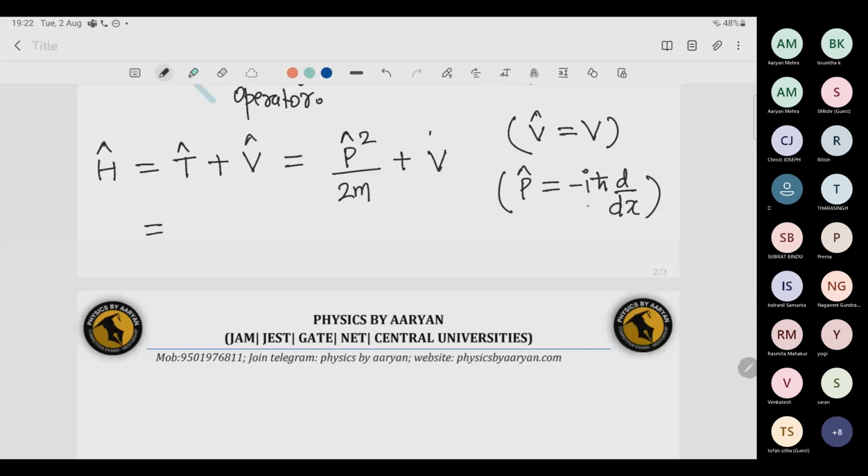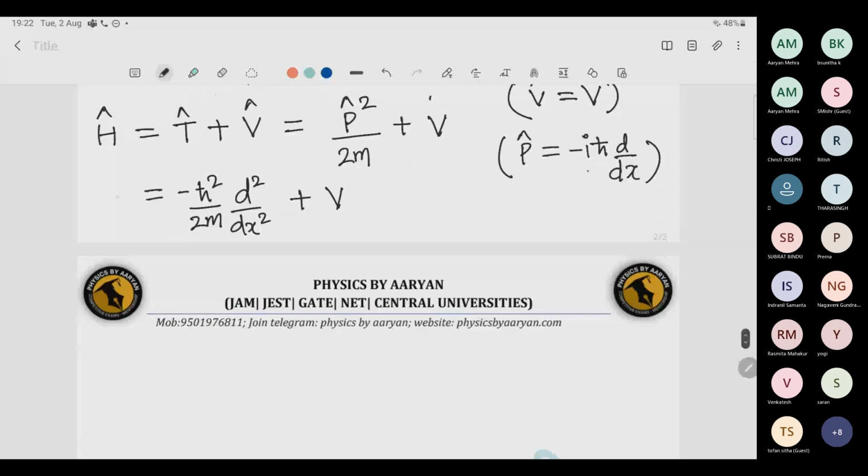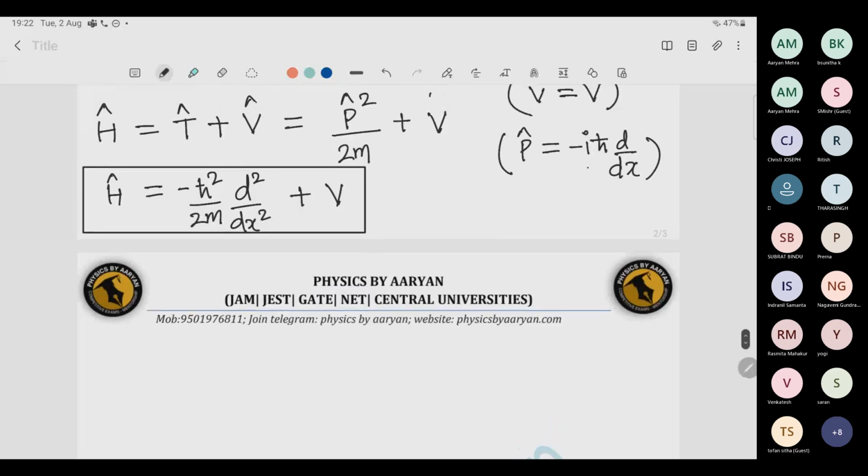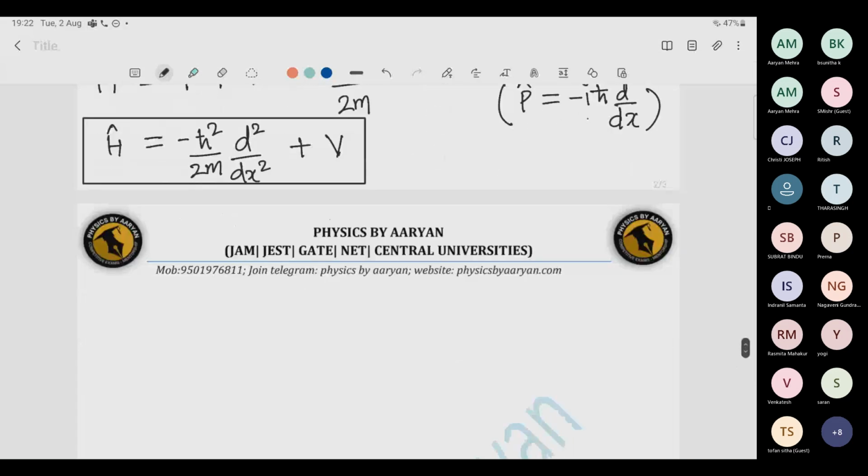If you square the momentum operator, you will get minus h-bar squared by 2m d squared by dx squared plus whatever is the potential. This is your Hamiltonian operator in all situations.